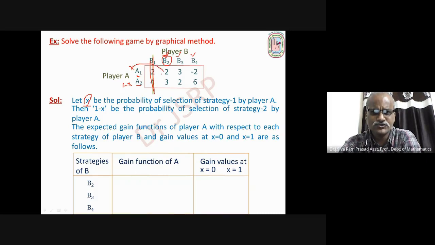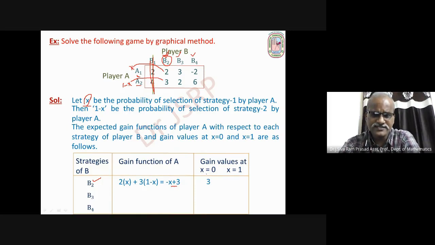So X into 2, 2X plus 3 into 1 minus X. That is 2X plus 3 minus 3X, that is minus X plus 3. So this is the gain function corresponding to the second strategy of player B.